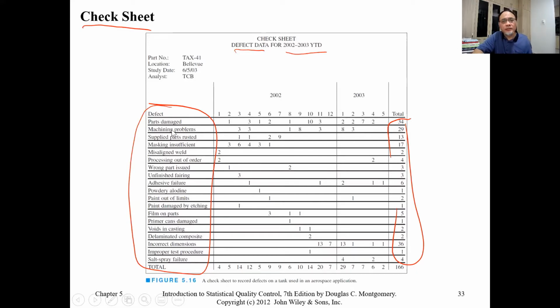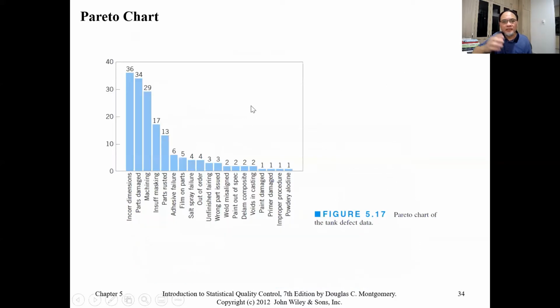It is important to know these defects so that you can actually do improvement. The whole idea of quality is to find out what kind of defects we are producing. This is a check sheet to record defects on a tank used in aerospace application. So the check sheet is important before we can construct the Pareto chart.